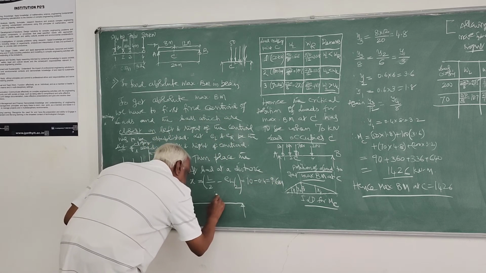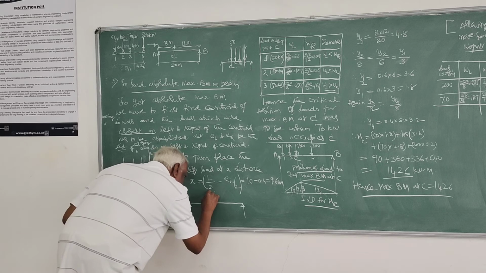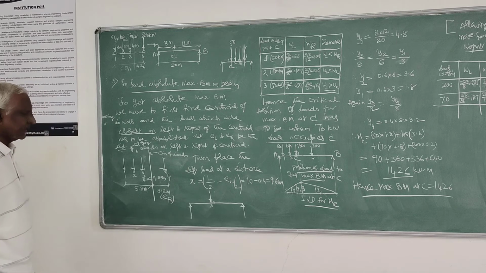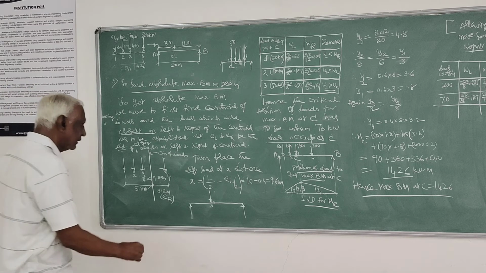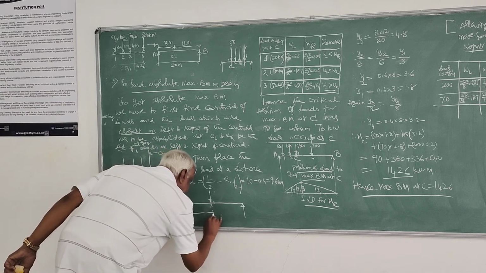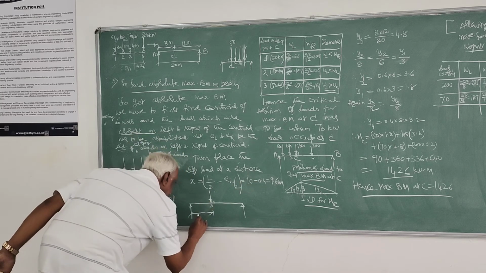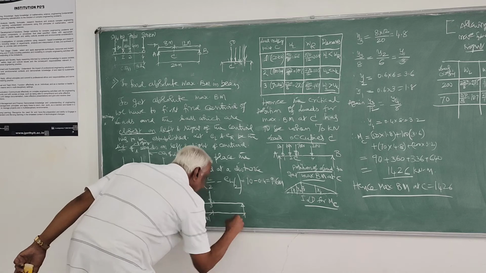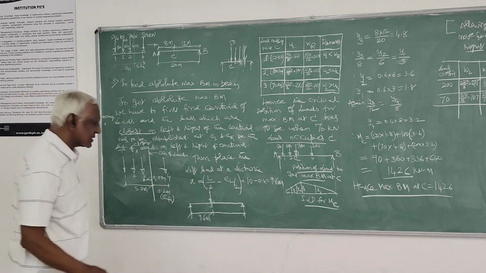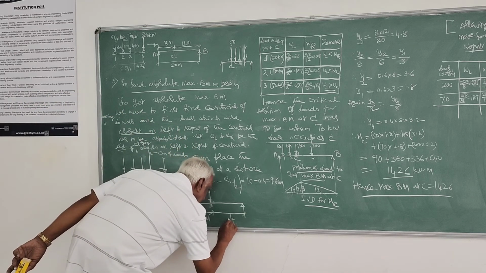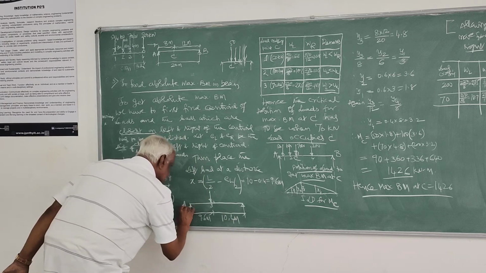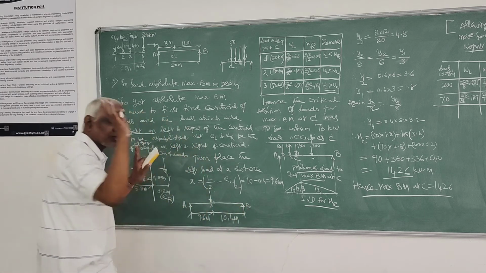So here I have to place load 3, that is load 3 at a distance of 9.6 meters, and this will be 20 minus 9.6, 10.4 meters. You see, the location you have to fix first.